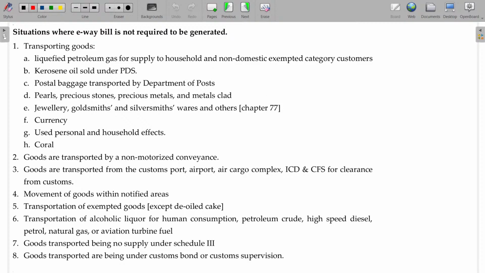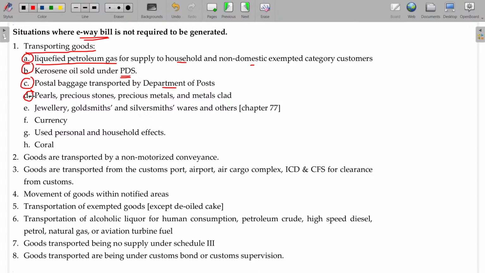Now, situations where an e-way bill is not required to be generated. Transporting LPG gas to household and non-domestic exempted category customers, not required. Kerosene oil sold under the public distribution system, rations. Postal baggage transported by the Department of Post.